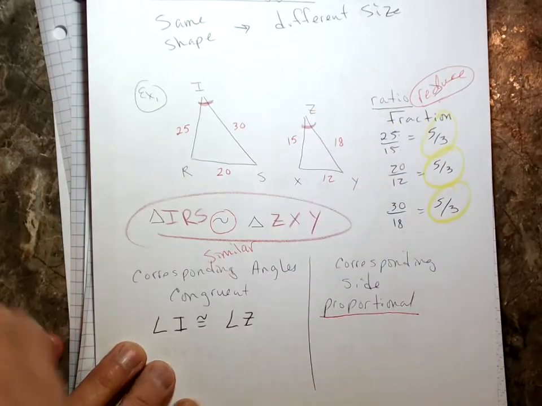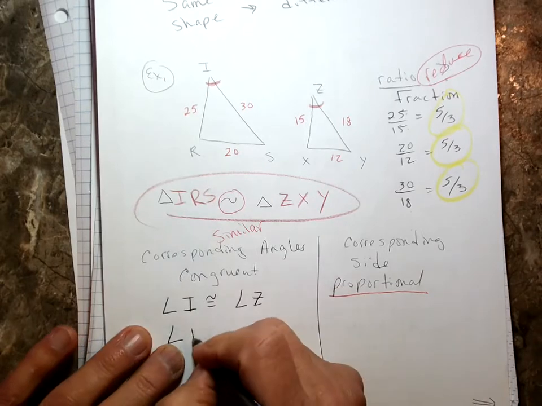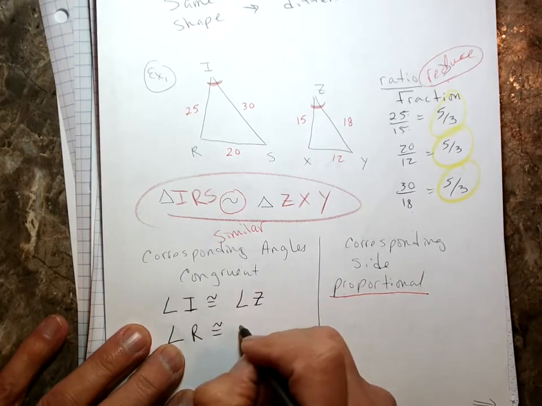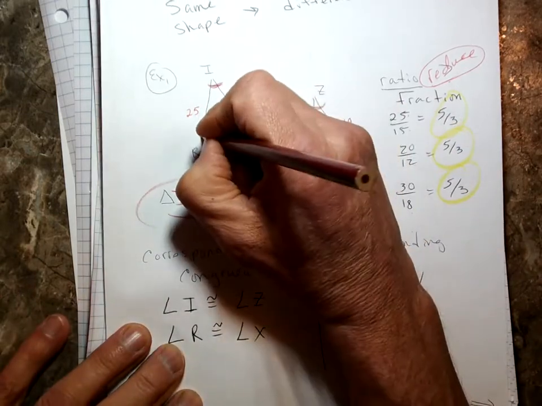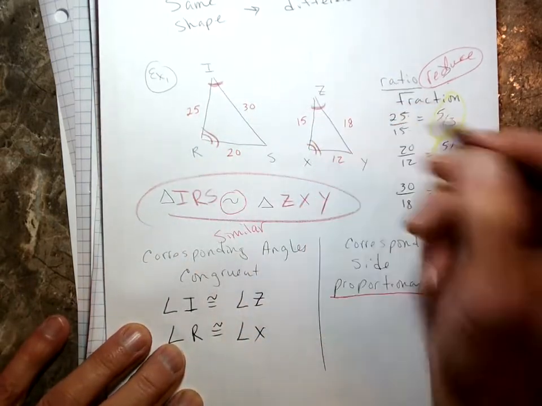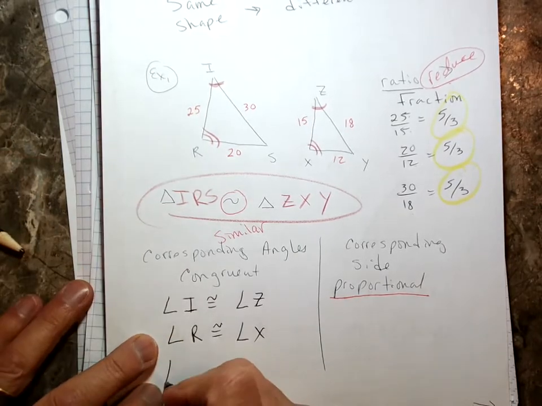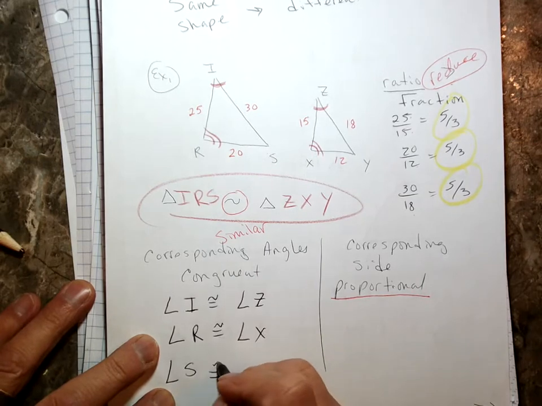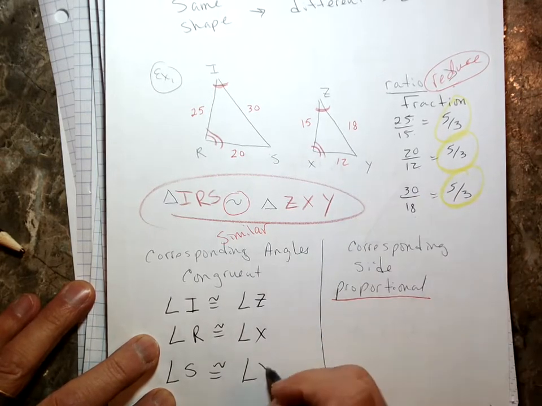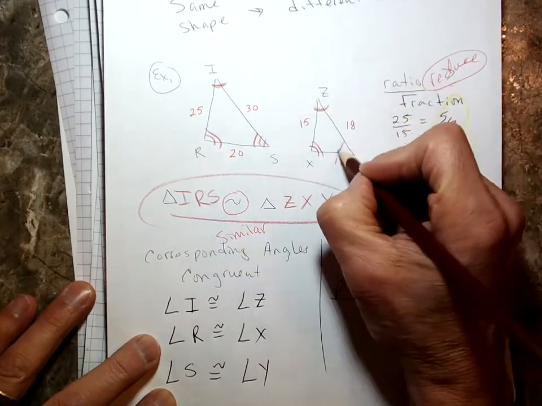I also know that angle R is congruent to angle X. I'm going to mark that with a different mark because they're different angles. And finally, angle S is congruent to angle Y, and I'll mark that with a different marking because they're different angles.